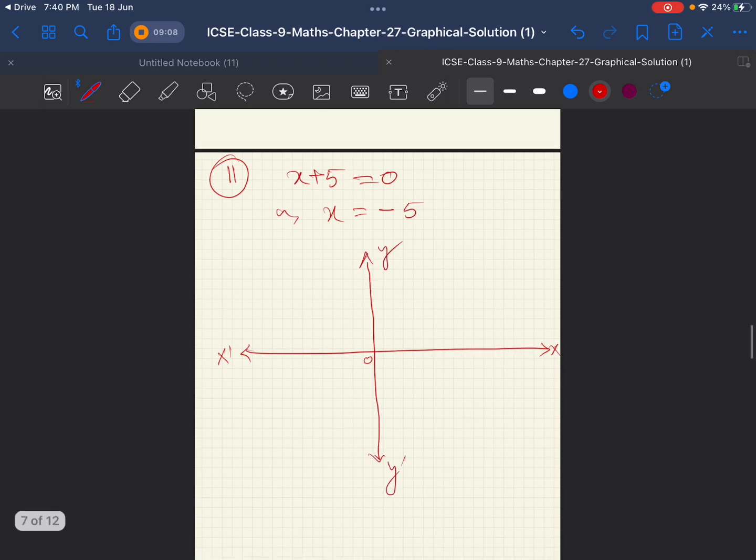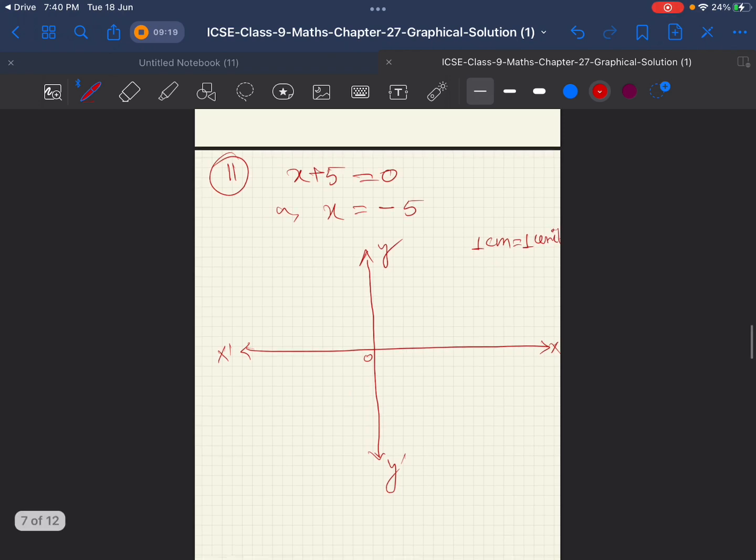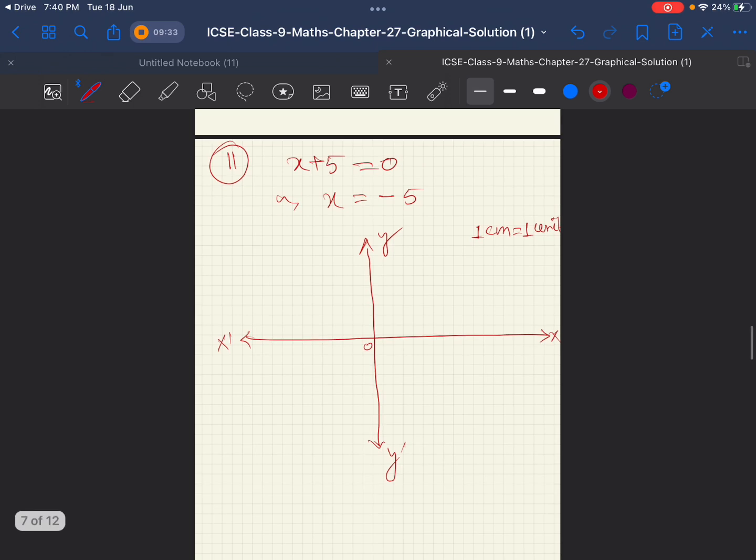X dash, sorry, Y dash. Here we take 1 centimeter equals to 1 unit. Don't take 2 centimeter equals to 1 unit unless mentioned in the question. We always take 1 centimeter equals to 1 unit.